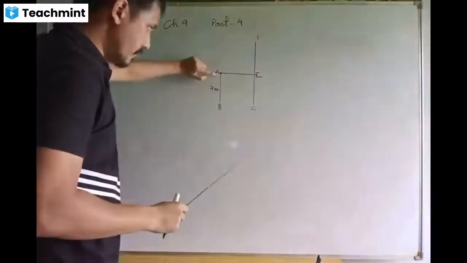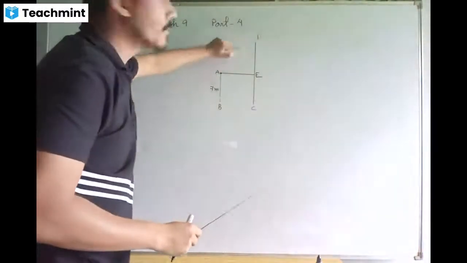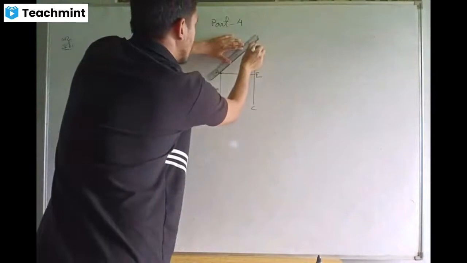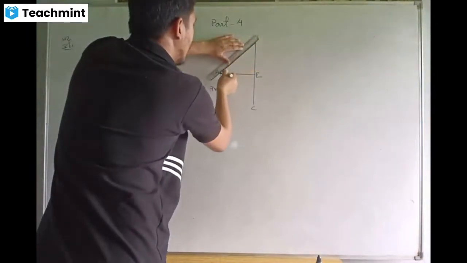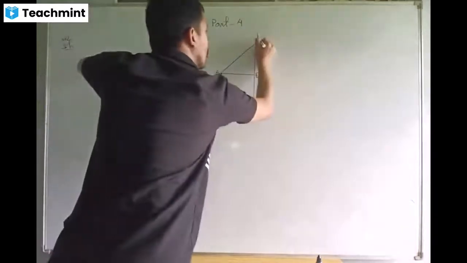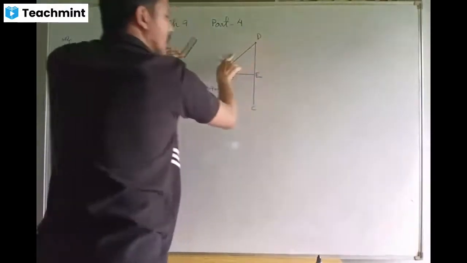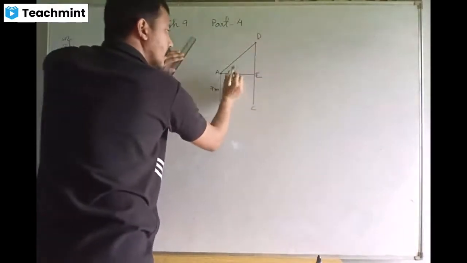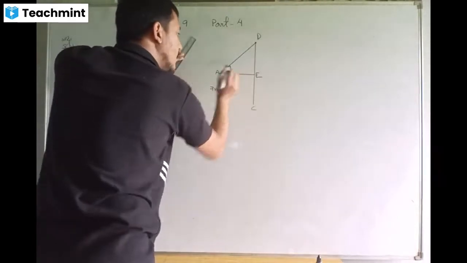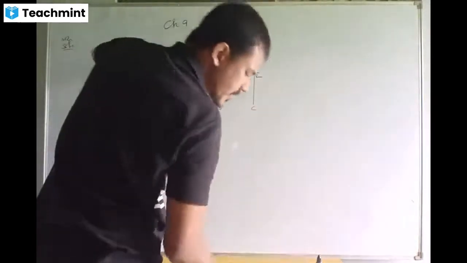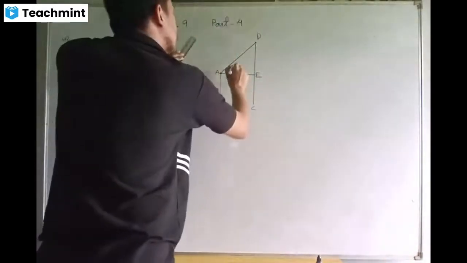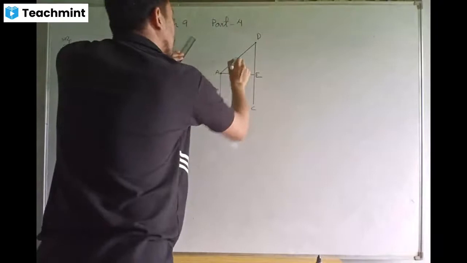And then he's looking up at the top of the tower, at this point D. So this is the line of sight. Horizontal line, line of sight, the angle between them is the angle of elevation, and this angle of elevation is given to be 60 degrees.